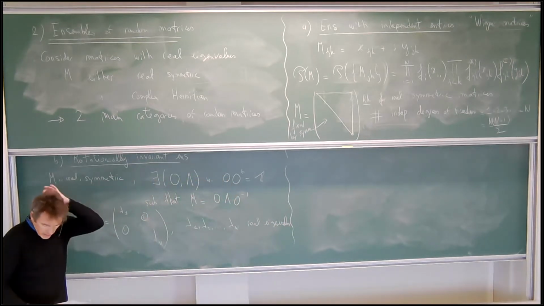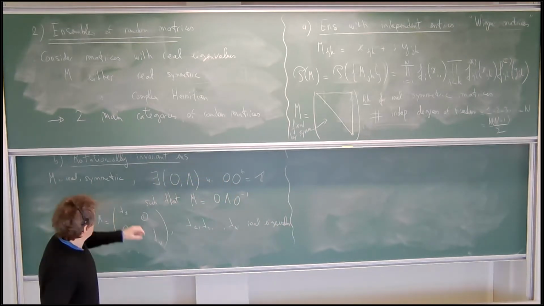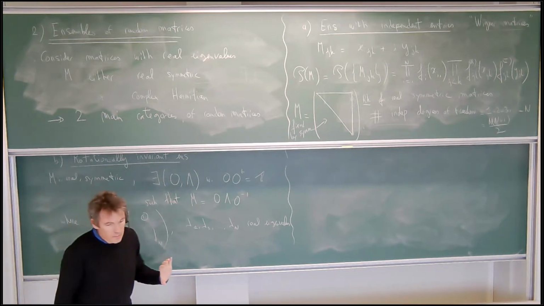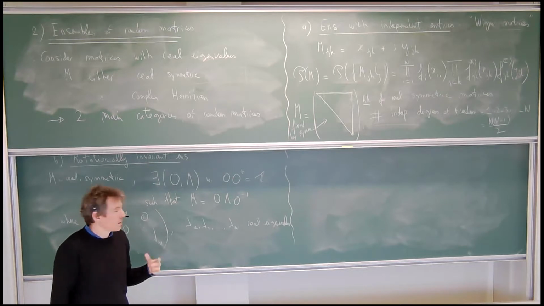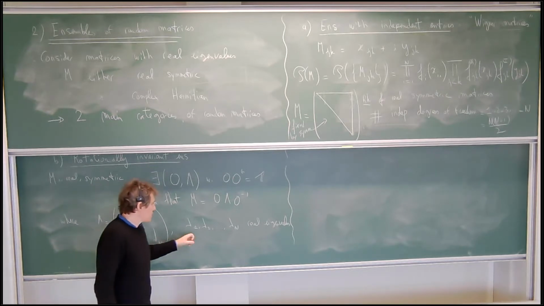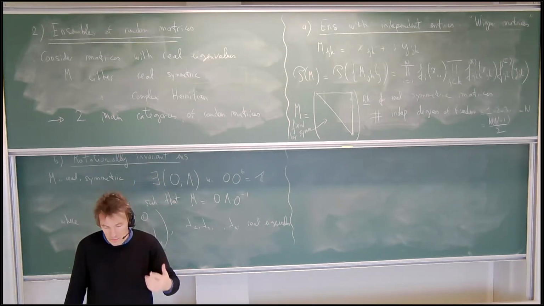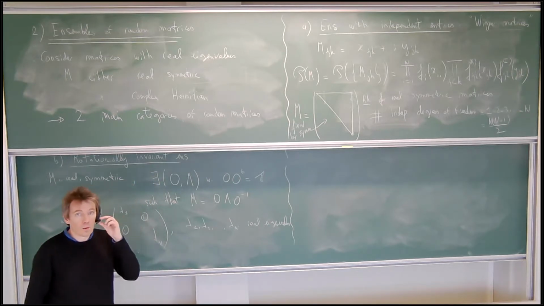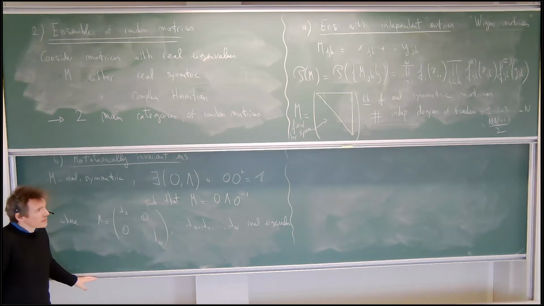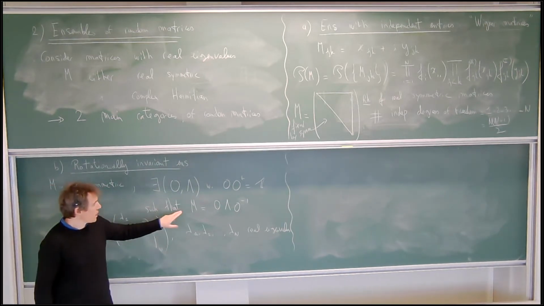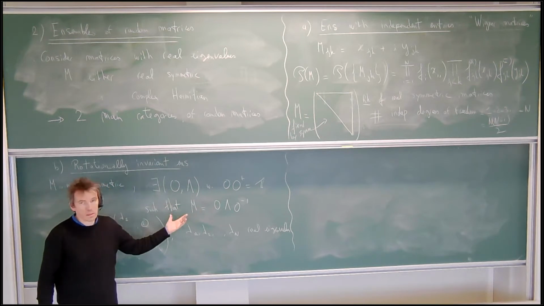Okay, so the idea of this second class of ensemble is basically to say that if you are mainly interested in the eigenvalues of your system, and in the spectral properties of your matrix, it is quite natural to define a probability measure which is invariant under these rotations.